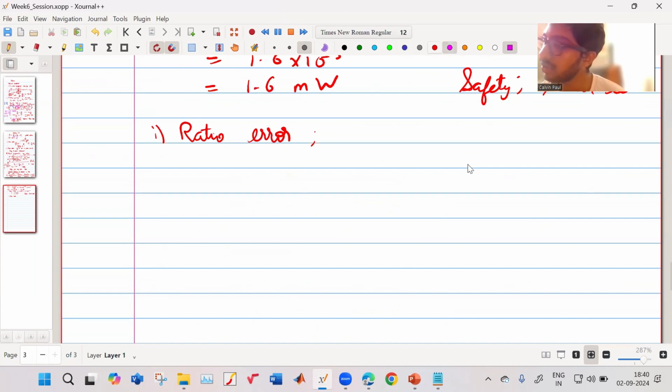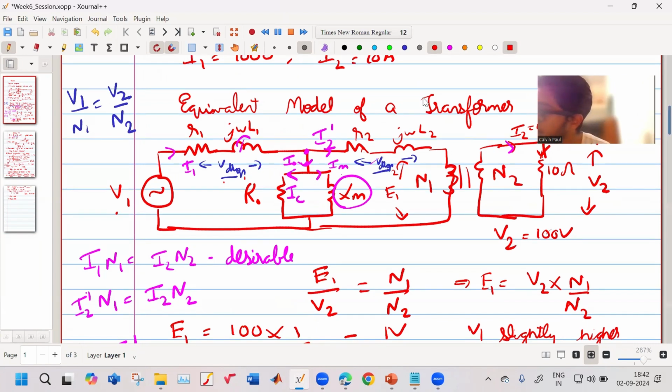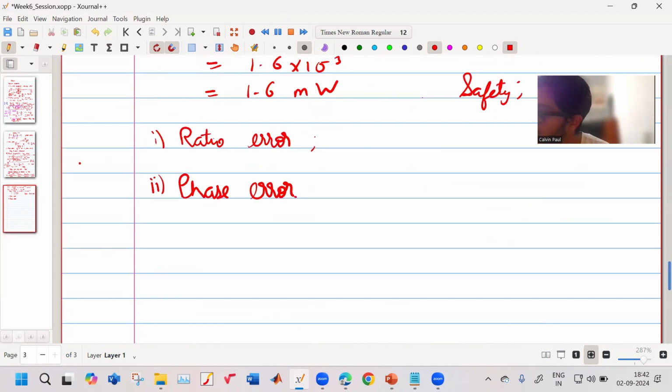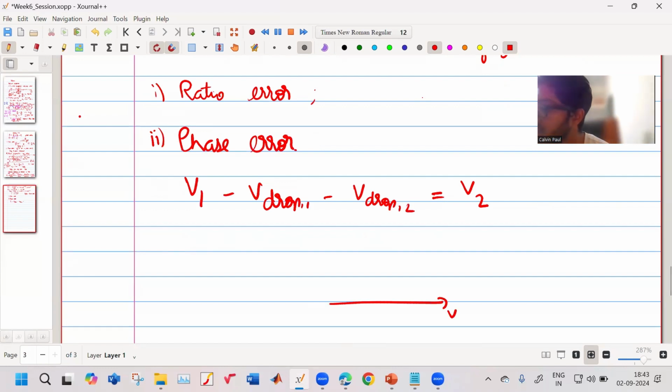Then another thing is known as phase error. If you see this, we have V1, then V drop 1 and V drop 2, and finally my V2. So V1 minus V drop 1 minus V drop 2 is equal to V2. Suppose this is my V2.